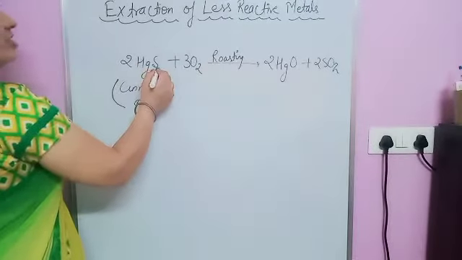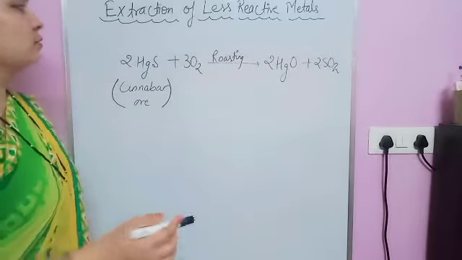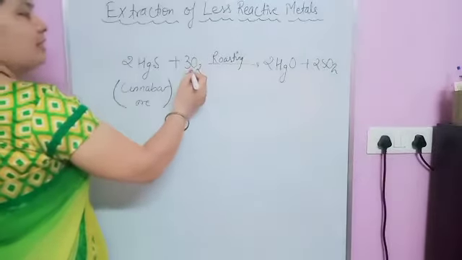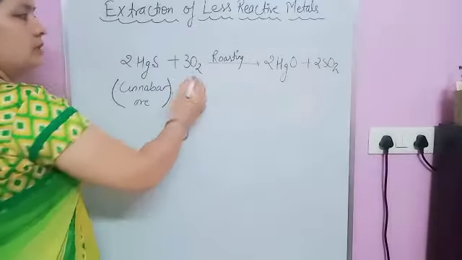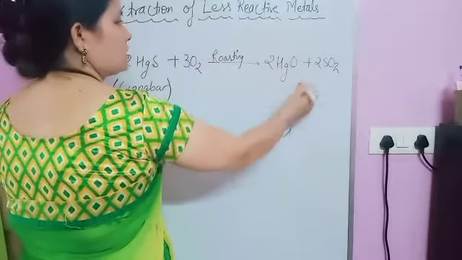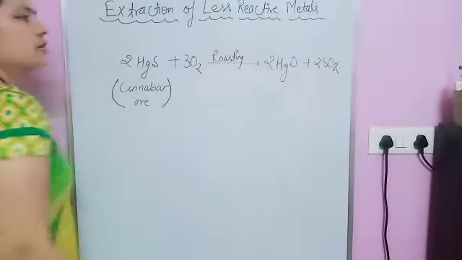Take HgS. You know how sulfide ore is converted into oxide ore: simply by the process of roasting. So HgS in the presence of oxygen undergoes roasting and is converted into HgO, the oxide of mercury, plus SO2. This is the balanced reaction I have written.